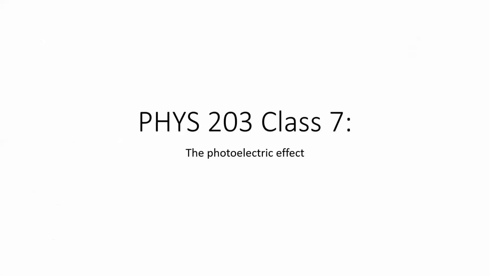The photoelectric effect was discovered around the same time as blackbody radiation, which we just studied, but is, of course, a different effect and maybe a little bit mathematically or conceptually clearer why it requires a particle or photon theory of light.